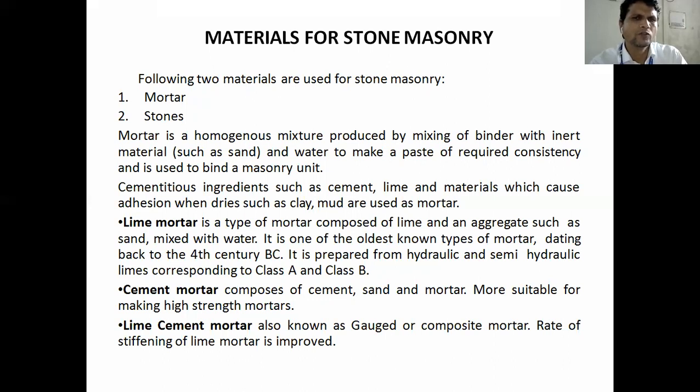Nowadays we have moved to brick masonry, but still in some places we use mortar and stones in the masonry, and this type of masonry is called stone masonry. Earlier, the mortar used was lime mortar. Nowadays we are using cement mortar.